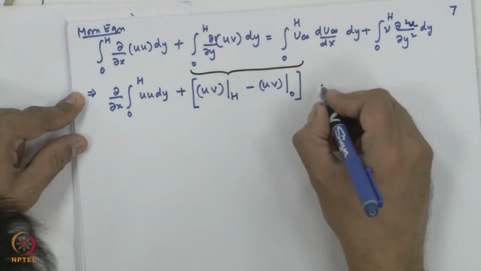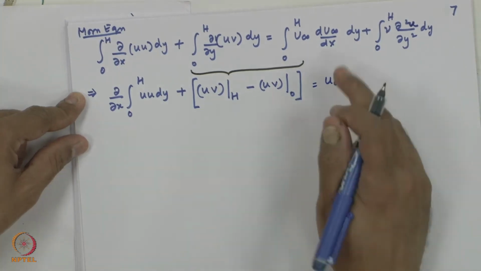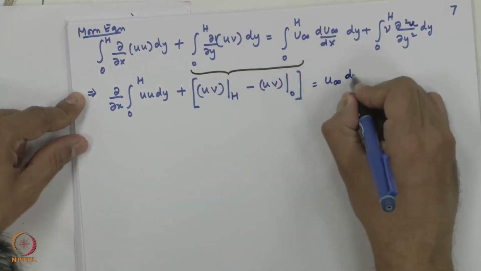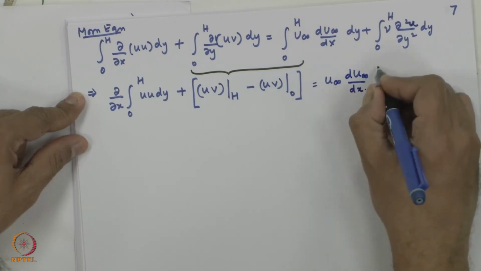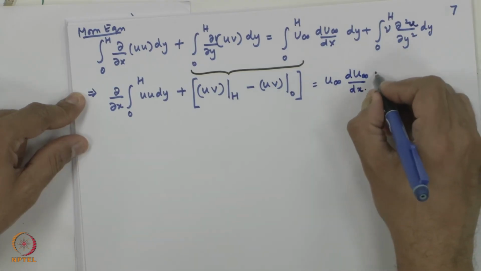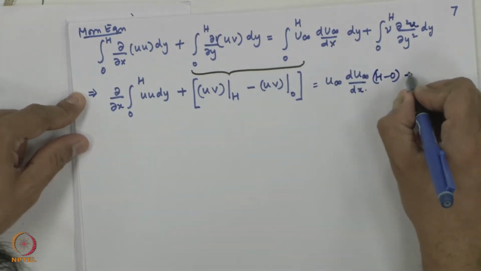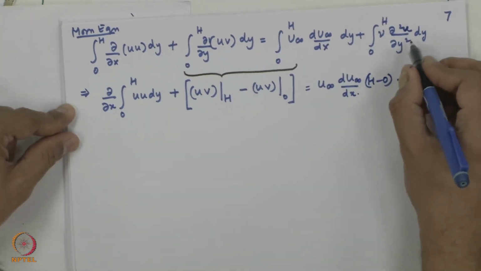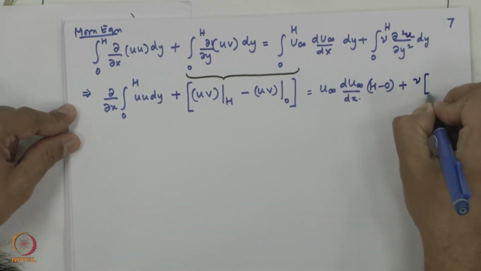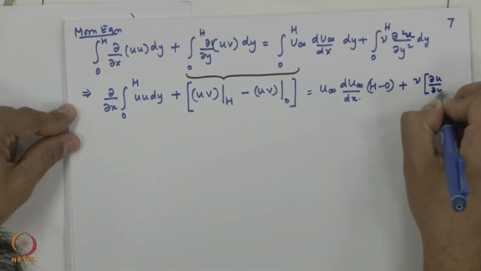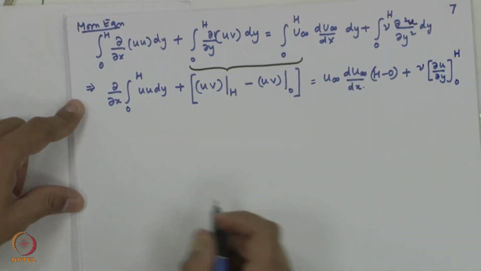Right hand side is nothing but u infinity, not a function of y, du infinity by dx can also come out, and this can be h minus 0. We will probably change this back to this, and the second term, the second derivative on integration becomes the first derivative du by dy evaluated between the limits 0 and h.